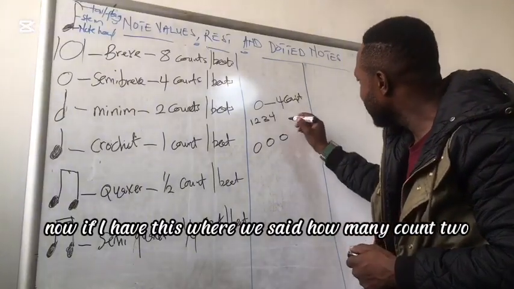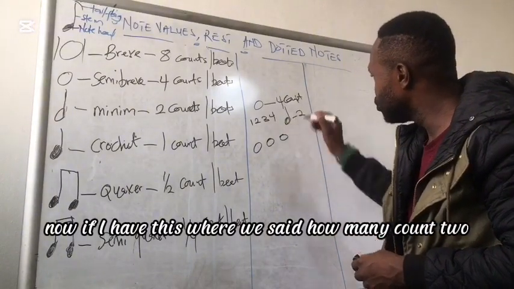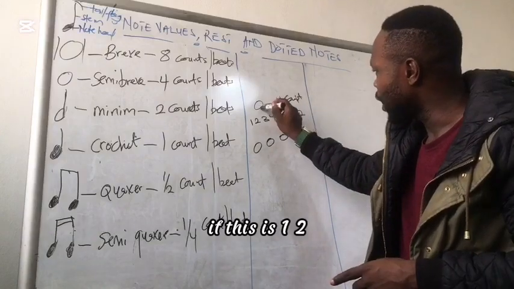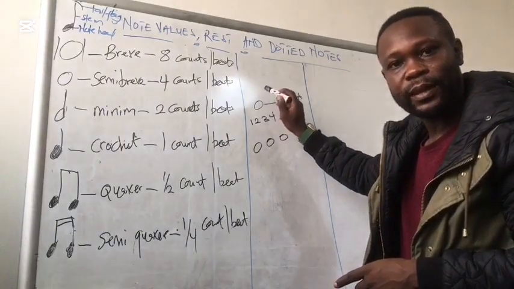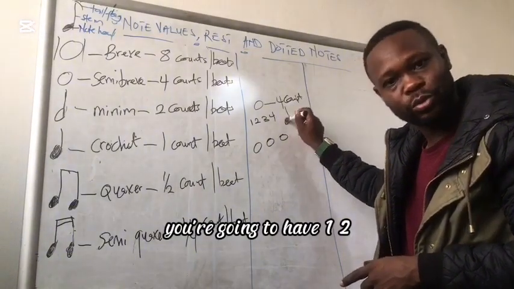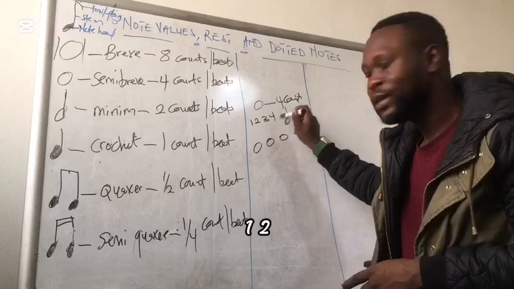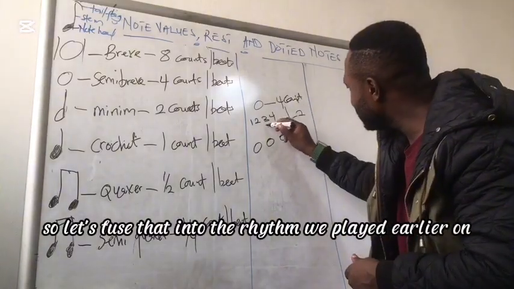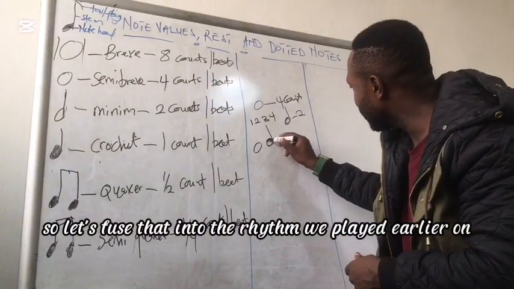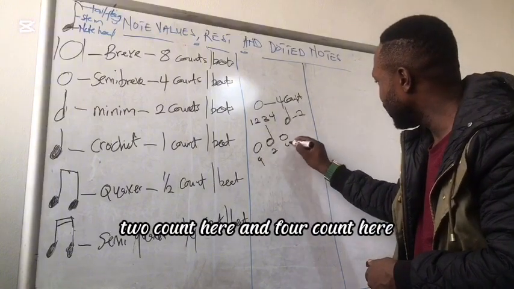Now, if I have this, we said how many counts? 2. If this is 1, 2, 3, 4, you're going to have 1, 2, 1, 2, 1, 2. So let's fuse that into the rhythm we played earlier. Now we are going to have 4 counts here, 2 counts here, and 4 counts here.